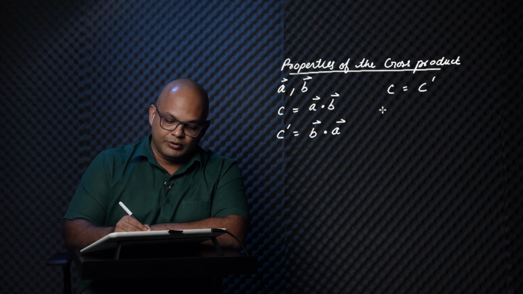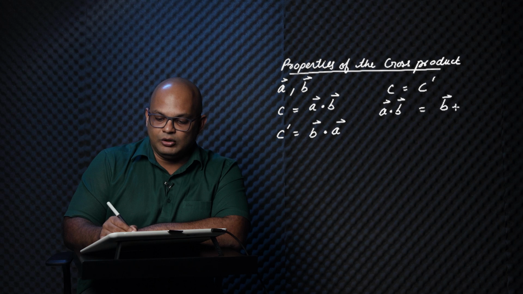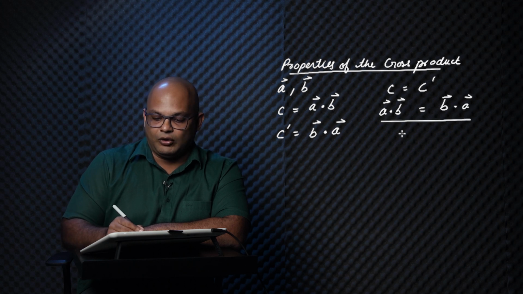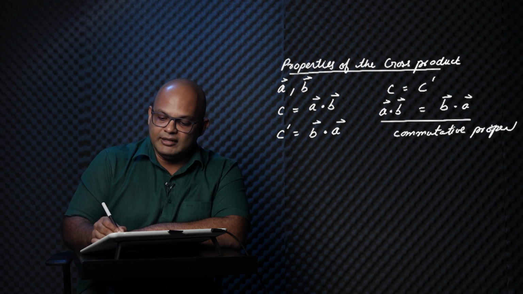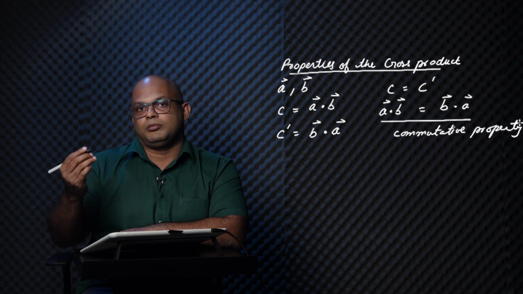In other words, I could say that A dot B is equal to B dot A. This is what we call the commutative property of the scalar product or dot product.